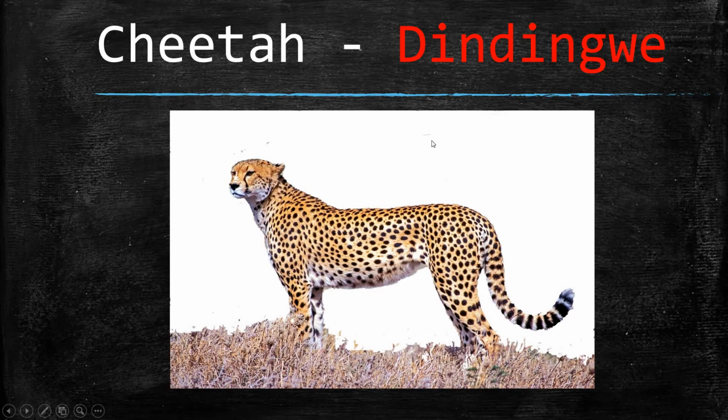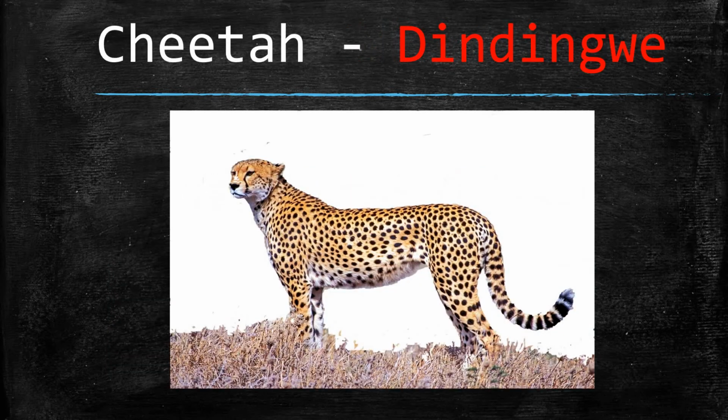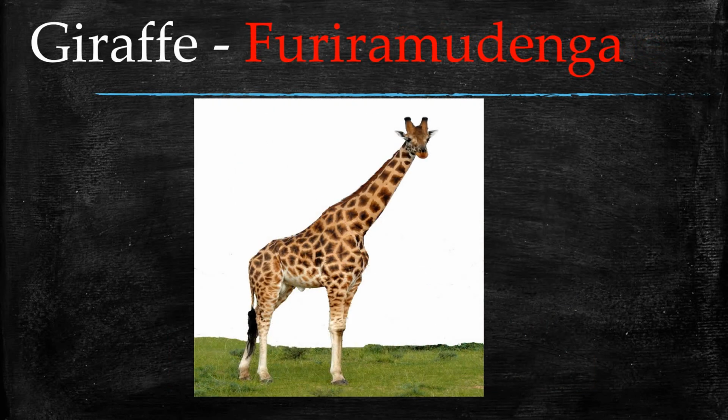It also has the tear lines on its face, which the leopard doesn't have. And the cheetah is more athletic, so to speak, in its body structure, and it is the fastest mammal, as you may know. Alright, so next up is the giraffe.